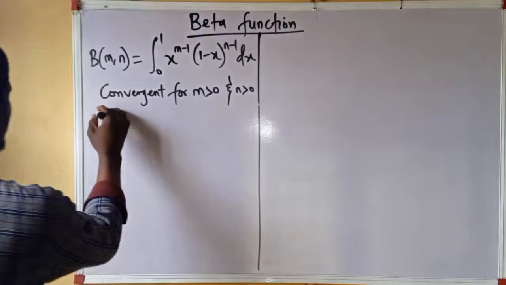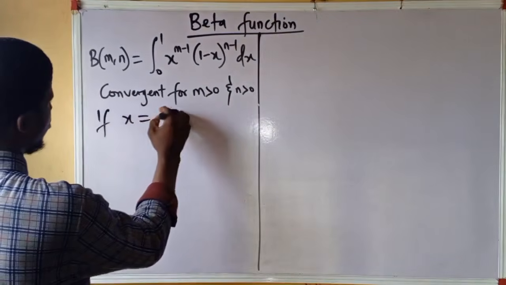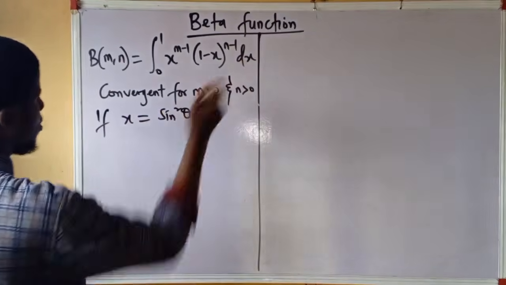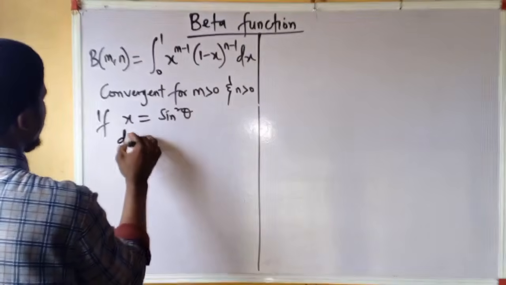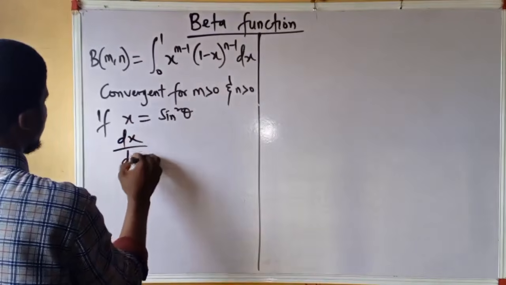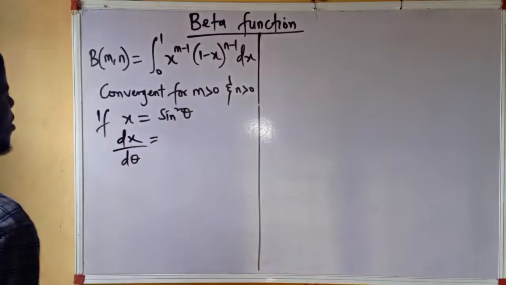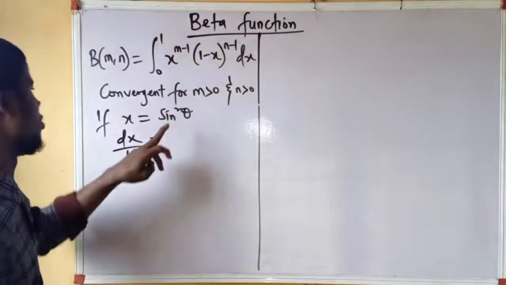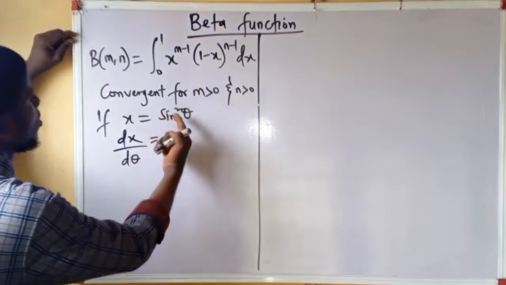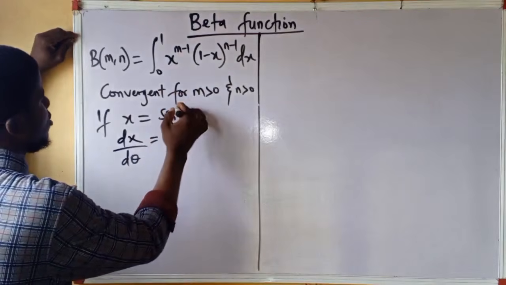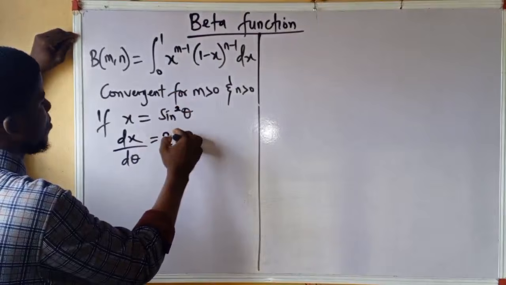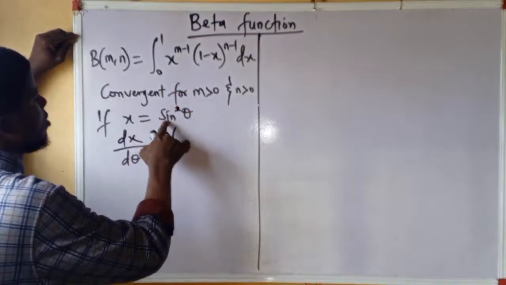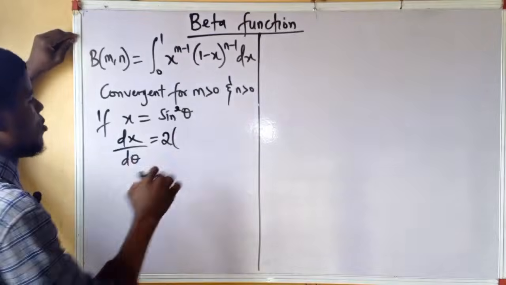Watch. If x is equal to sine squared theta, if I differentiate x with respect to theta, dx d theta, what would that give me? I want to show you a shortcut to differentiating this. Simple. The power of sine theta here is 2, so write it down. Then differentiate sine theta, you will get cos theta.